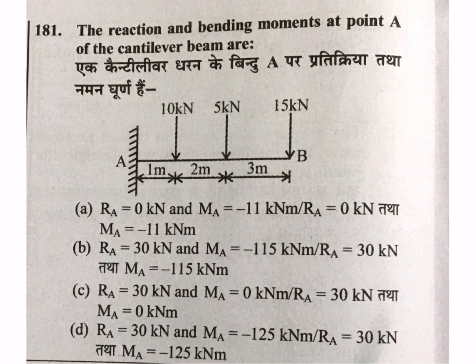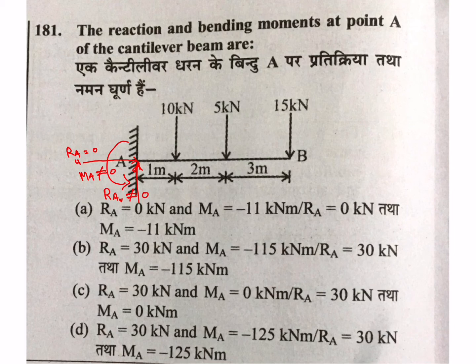Question number 181. The reaction and bending moments at point A of the cantilever beam are. This is a fixed support cantilever beam. We have to calculate the reaction and bending moment at point A. There is no horizontal load, so you will not get any horizontal reaction. RA horizontal equal to 0. The vertical reaction RA is not equal to 0, and the moment MA is also not equal to 0.